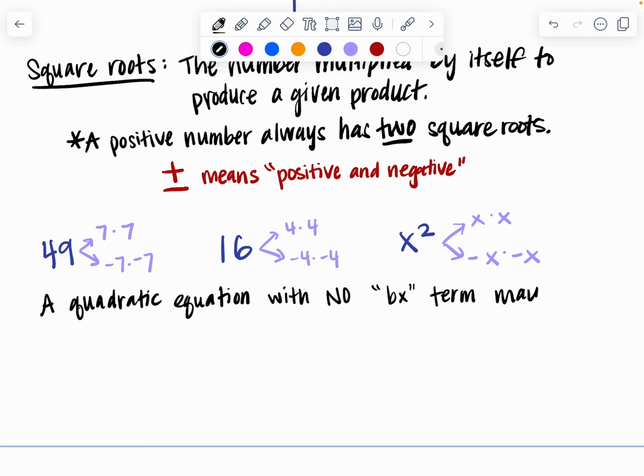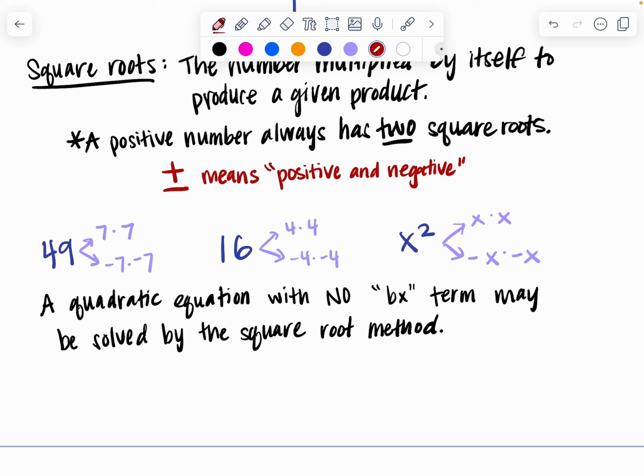Remember, a standard form of a quadratic equation is ax squared plus bx plus c equals 0.